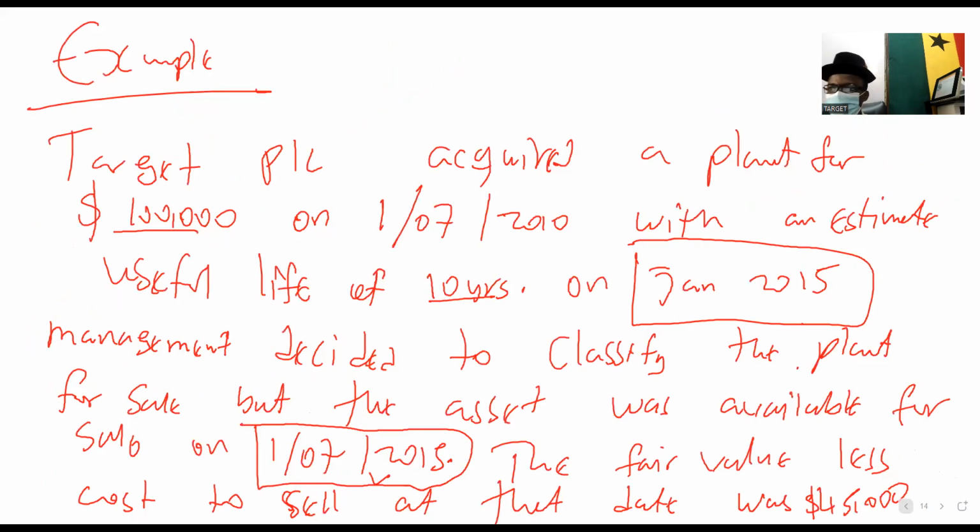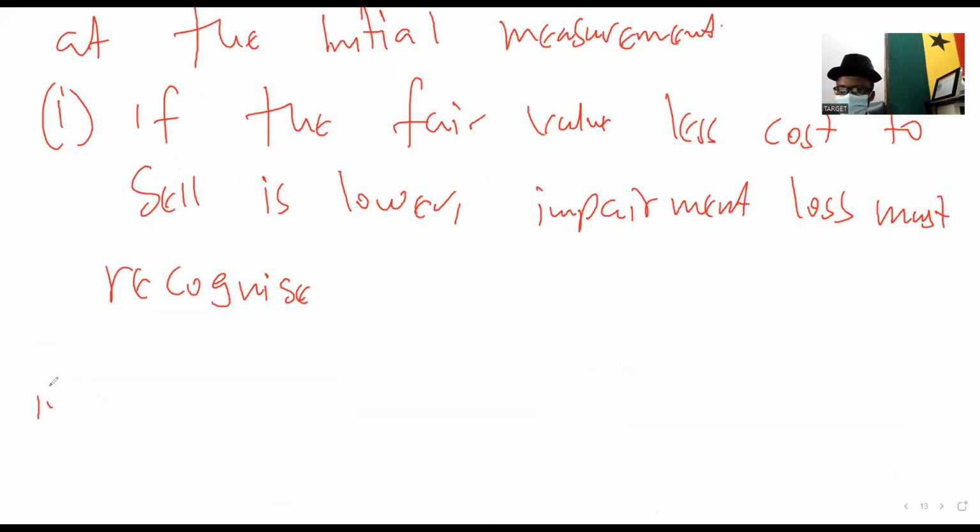The conditions are 2. Two things will happen. Either the fair value less cost to sell will be lower than the carrying amount. So if the fair value less cost to sell is lower, then immediately an impairment loss must be recognized.